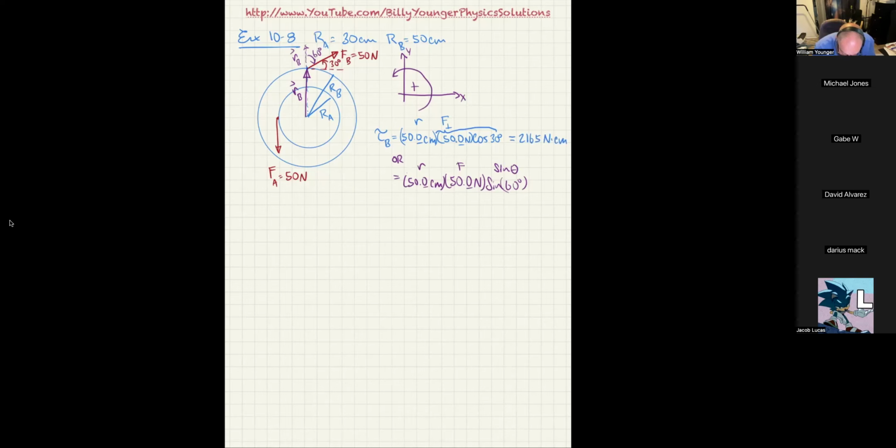And since this is a clockwise torque, we're going to call that negative. So I just forced that sign there. If I did the other one, notice 50 times 50 times sine 60, you get exactly the same thing.